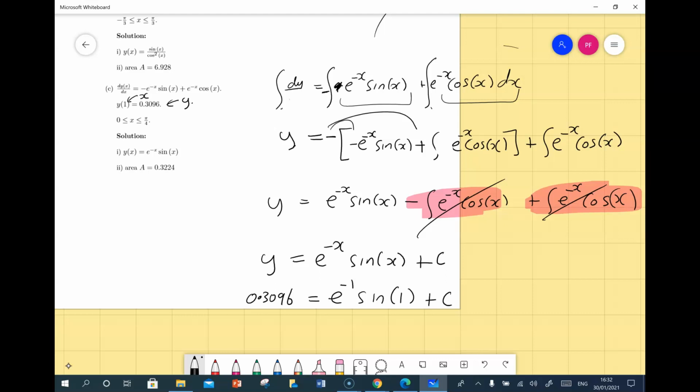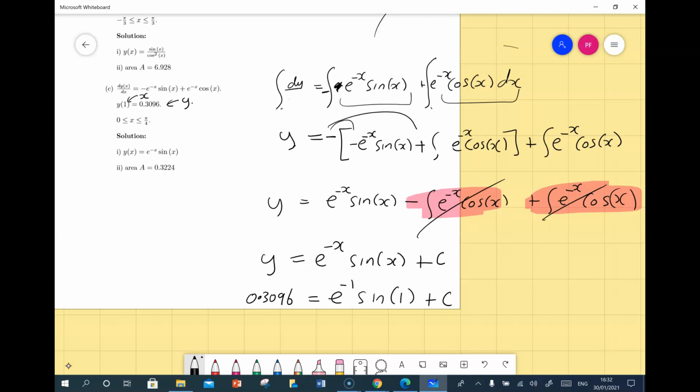She usually does this in radian mode, so I'm in radian mode here. So I've got e to the power of minus 1 multiplied by sine of 1.